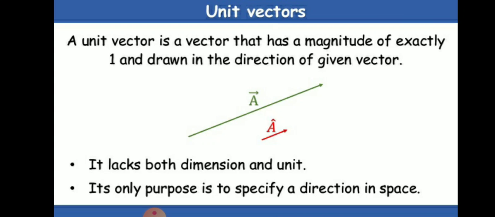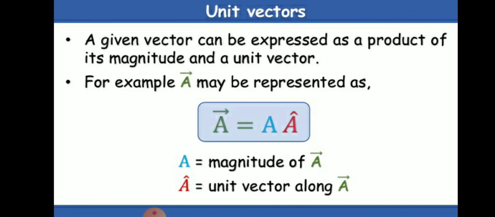So a unit vector is represented by A cap. A unit vector is a vector that has a magnitude of exactly 1. It does not have any dimension and unit. Its only purpose is to specify a direction in space.